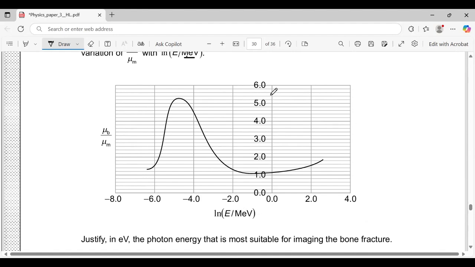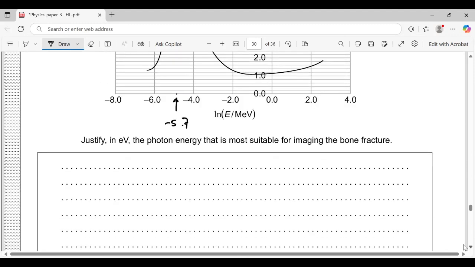If you look carefully, when mu B over mu M is at 5.3 here, then ln E over mega electron volt is around minus 5.7, minus 5.6, or minus 5.8 or minus 5.9, but I will determine this as minus 5.7. Right, let's continue.